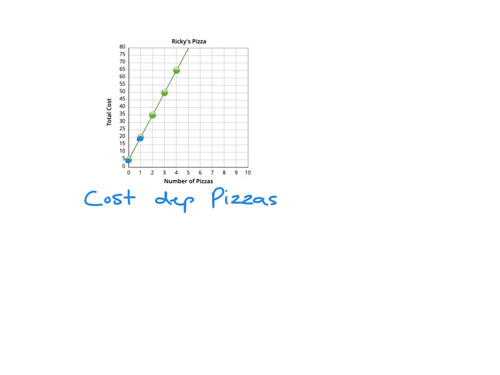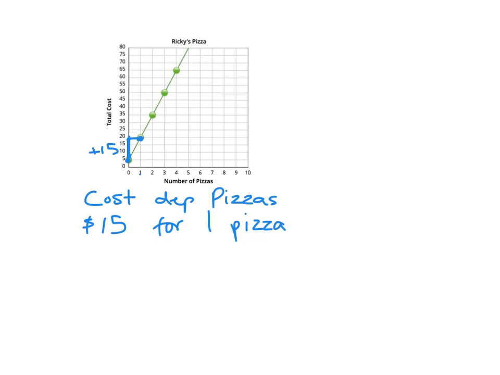It's really tempting just to say $20 for one pizza, but that's not true. My cost is going from $5 up to $20. So the cost is $15. It's changing by going up $15. And that is for one pizza.